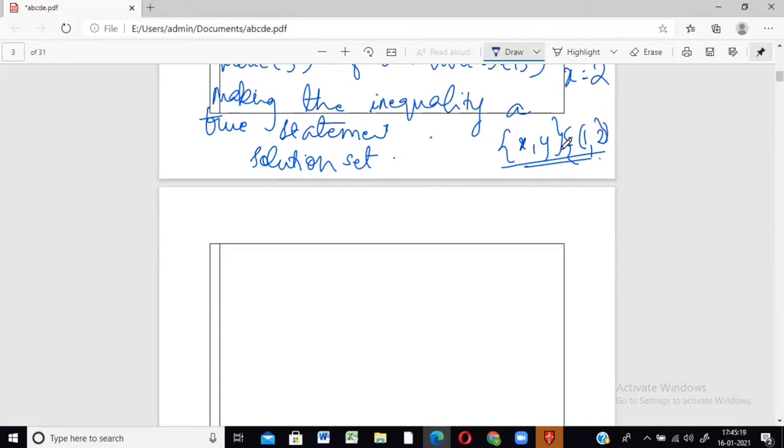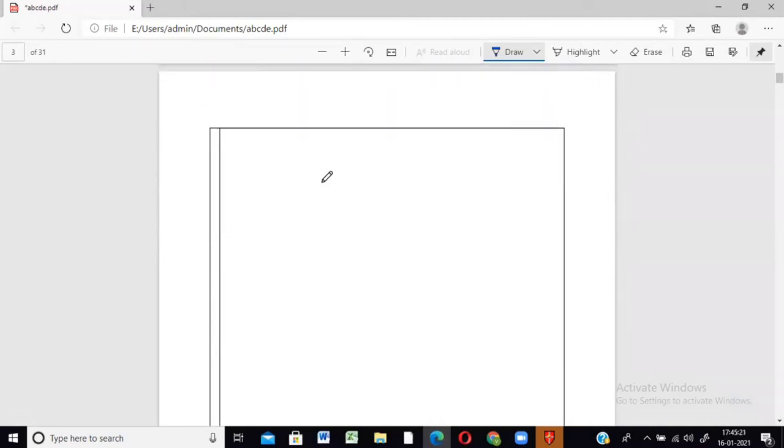Now, let us understand the solution and solution set in a little more detail. Suppose I have a question like this. As I said, we are precisely dealing with inequalities in this lesson, so I'm only picking up examples of inequalities right now.